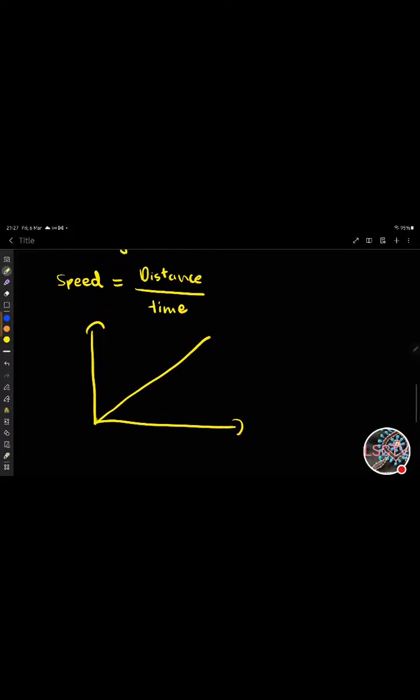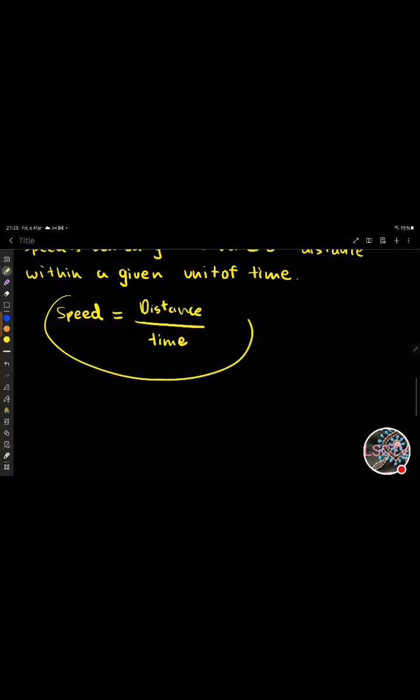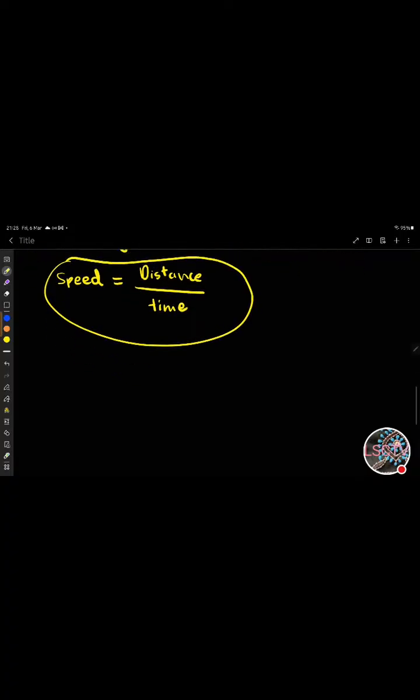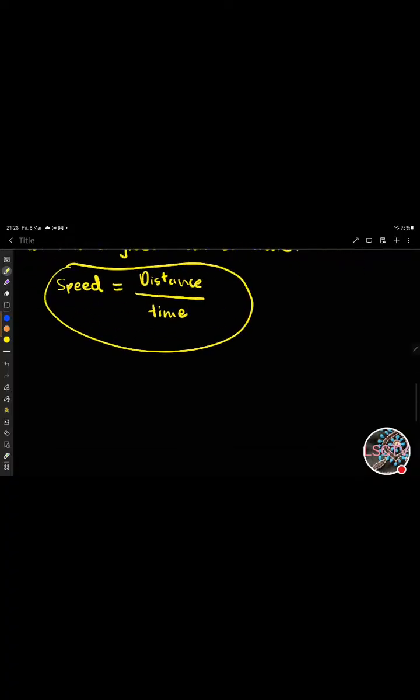You have the distance here, the time here. The speed will be the distance divided by the respective time. So that is much easier. Now, first, let me define each of the terms in this formula.